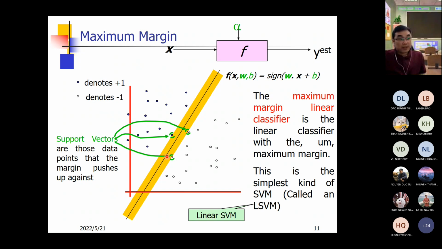So this data point, which we call a support vector, we are still using our knowledge of calculating the distance from a data point vector to a line, a hyperplane here.